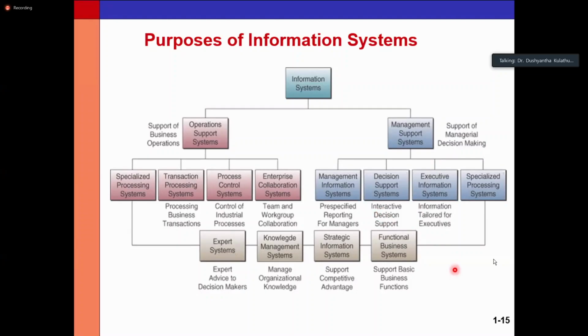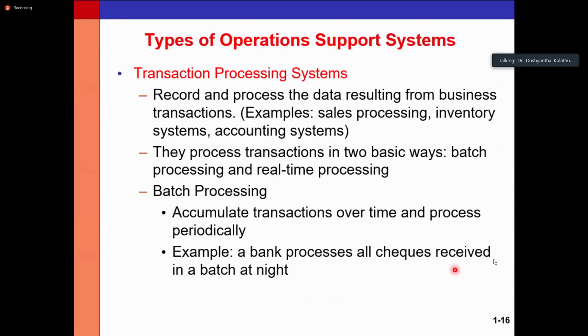So that is about the two main classifications, what comes under each category, and what those systems perform in general. Thereafter, we go into identifying in detail each and every category, starting from transaction processing systems.